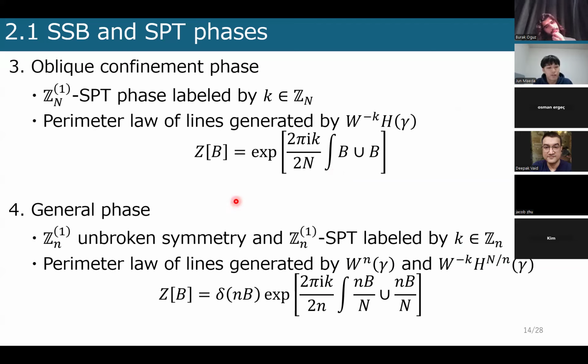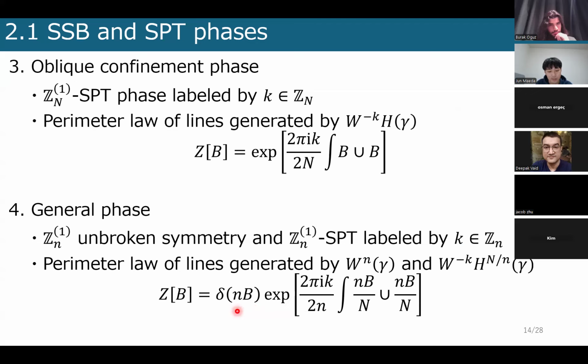And we can consider more general gapped phases. In this phase, the large Z_N one-form symmetry is spontaneously broken to a small Z_n, and it is also characterized by the Z_n SPT phase, which is labeled by an element of Z_n. And the behavior of the twisted partition function is like this one.